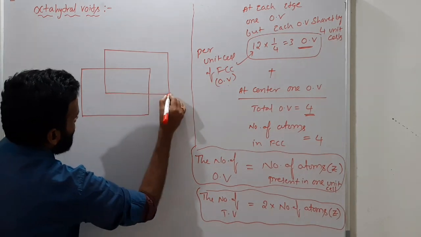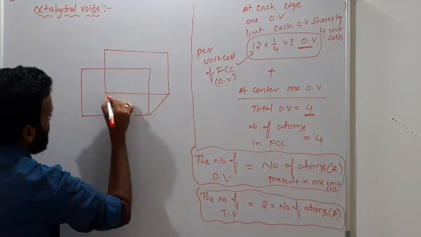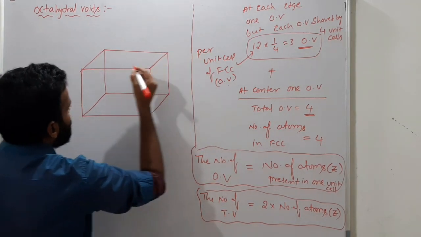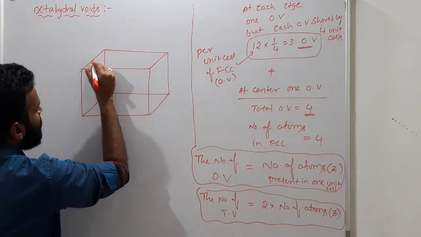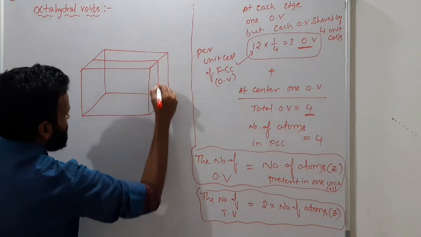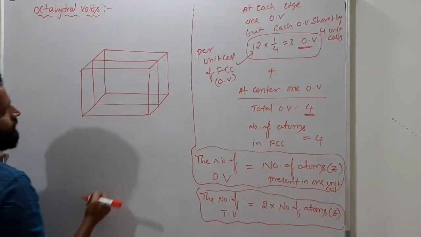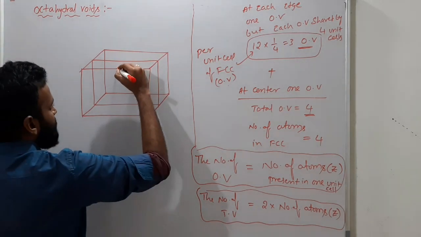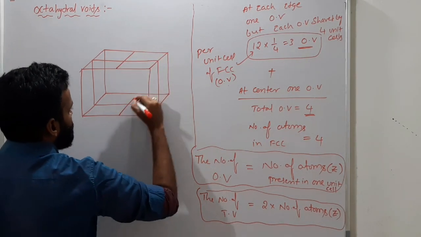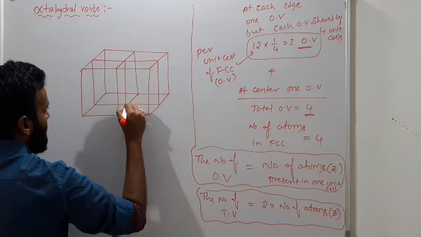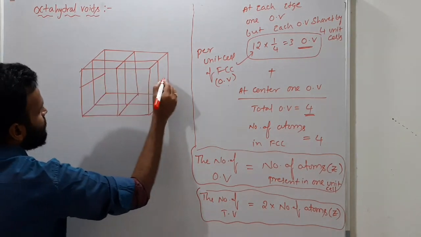Here I have a unit cell like this. Same story, I will draw in the middle one line like this, and between this one and between this one.